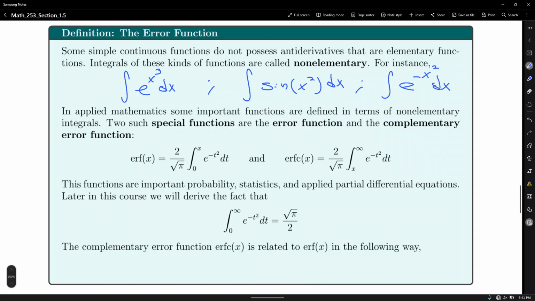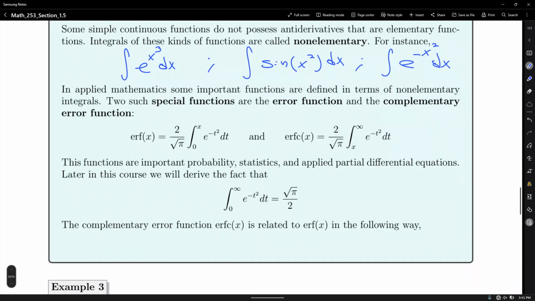We use this function in upper levels of probability theory, statistics, and partial differential equations, and like I mentioned, in many other engineering applications, as you will see later, in your future courses, not in this course.